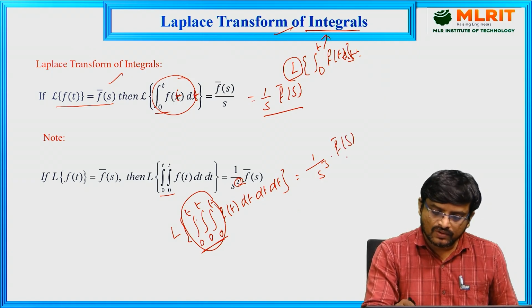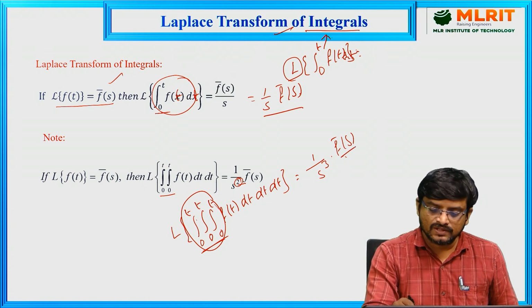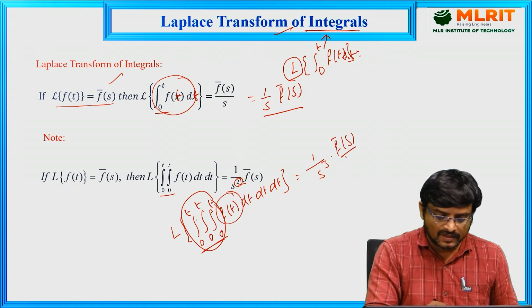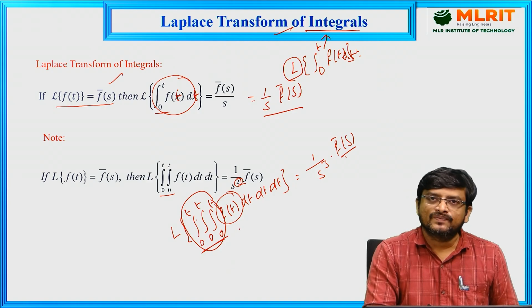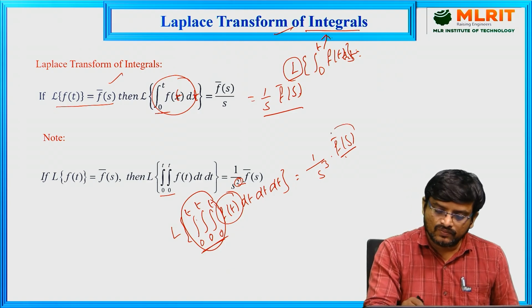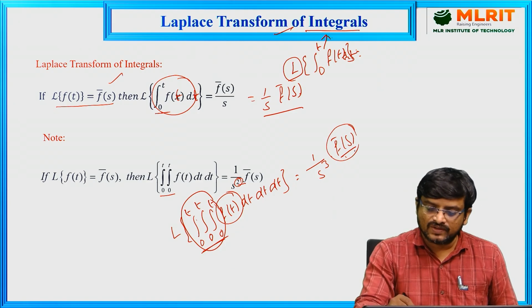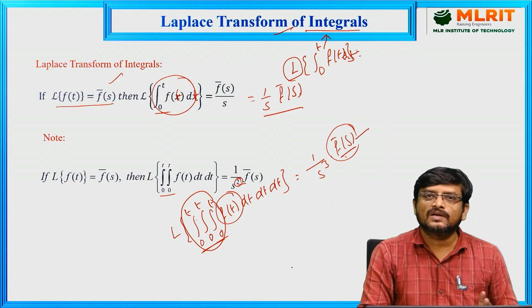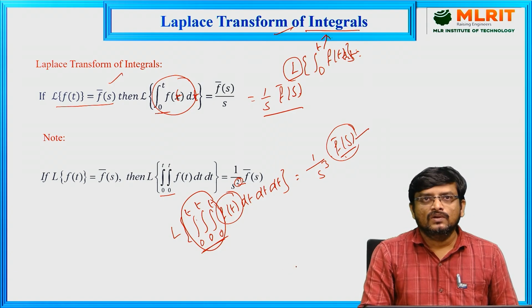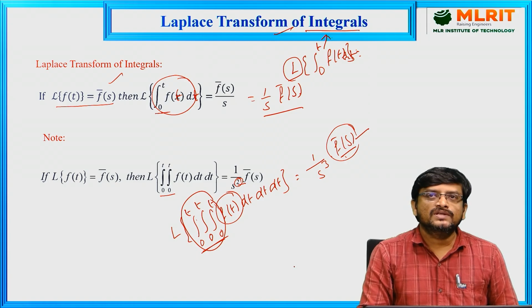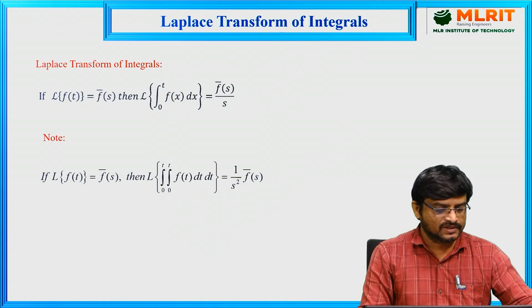So how do we get this f bar of s? By taking f of t and applying the Laplace transform to it, whatever value we get for the Laplace transform of f of t, we replace it here and we get our Laplace transform of the integral value.